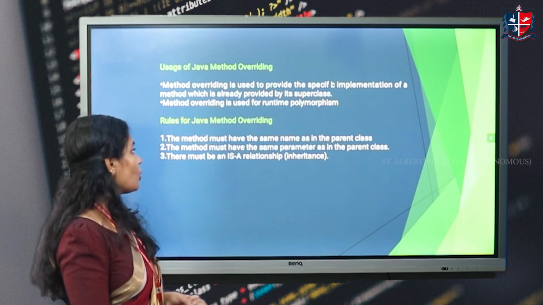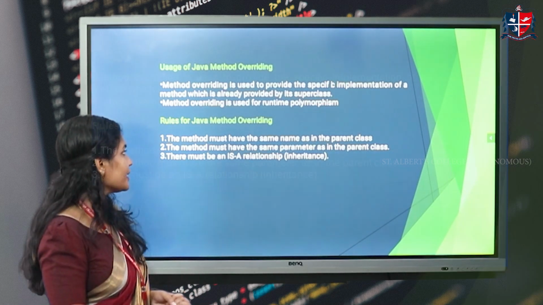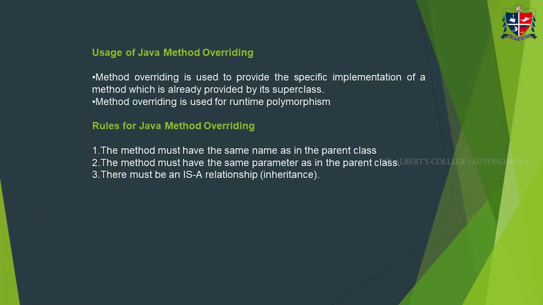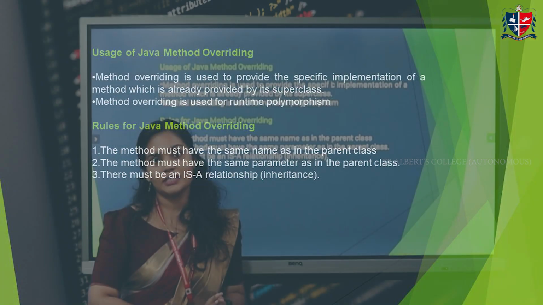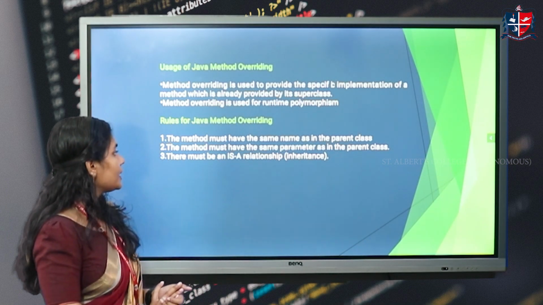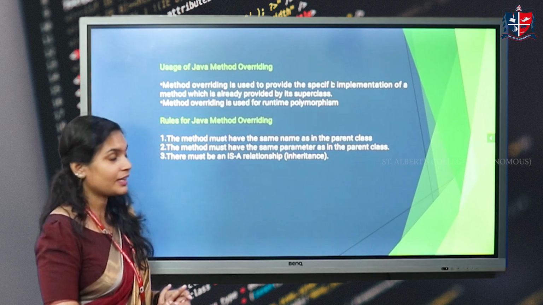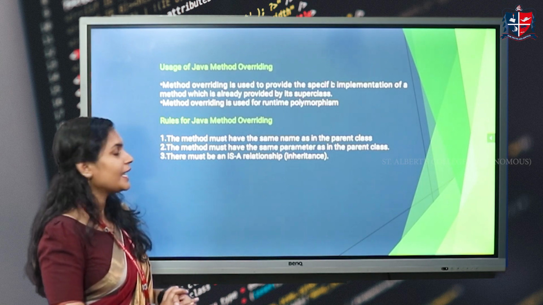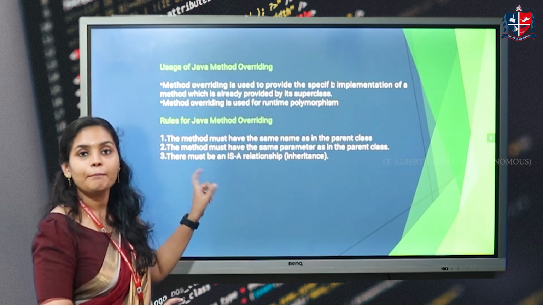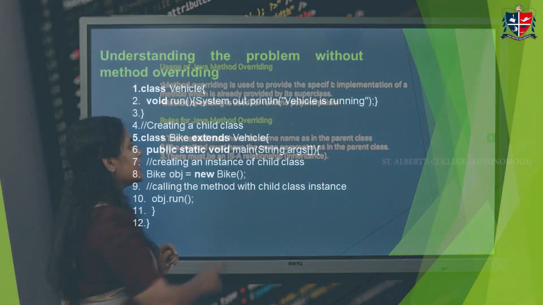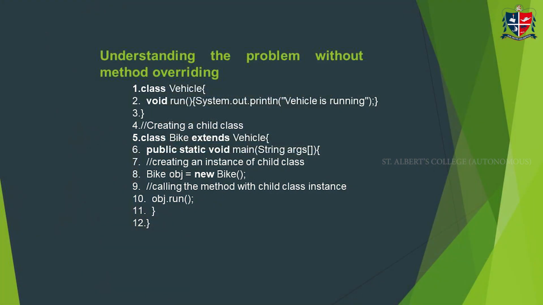There are different rules for Java method overriding. First, the method must have the same name as in the parent class, and the method must have the same parameters as in the parent class. There must be an is-a relationship. These are the main rules in method overriding. In this example, class Vehicle has the method void run, and class Bike extends from the main class Vehicle.